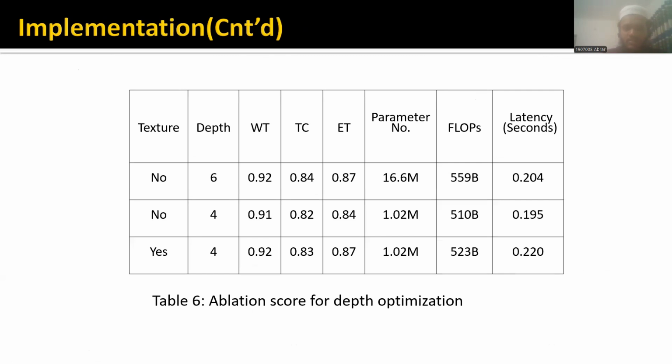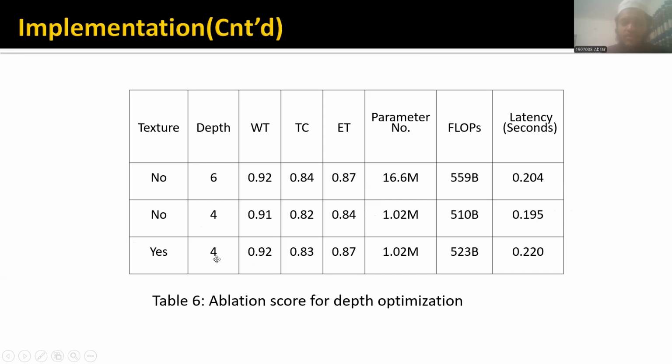These are the ablation details for depth optimization. We can see depth 6 and 4, and we have also done our ablation study with the texture block and without the texture block. When we were not applying the texture block, the LTS block with channel recalibration, and deep shortcut, and the depth is reduced, we can see a slight degradation in performance, but the parameter count, FLOPs, and latency are optimized.